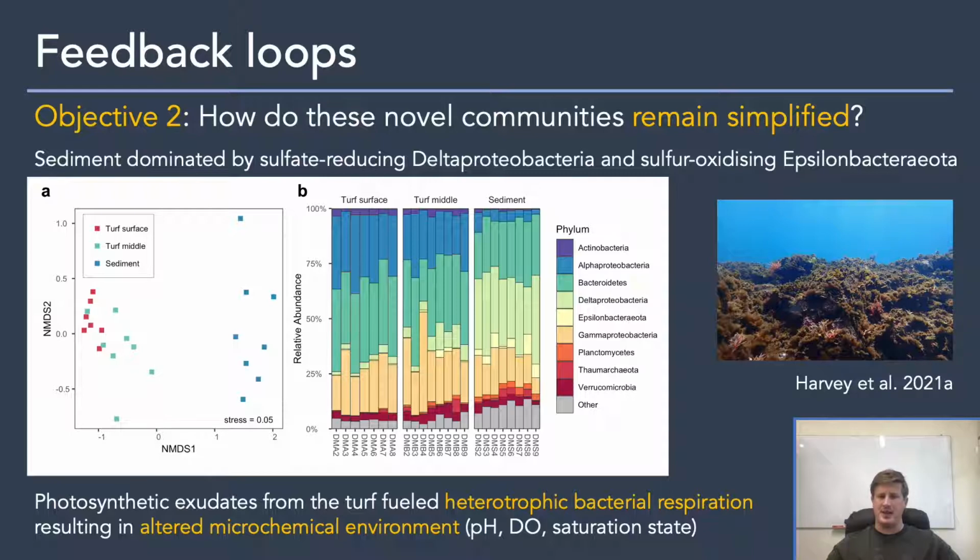And so what we suggest is that there is a very active heterotrophic bacterial community, and that its respiration is driving down the pH, dissolved oxygen, and saturation state. It's likely able to do this because it's probably being fueled by the photosynthetic exudates from the algae itself, allowing it to really drive down those conditions.